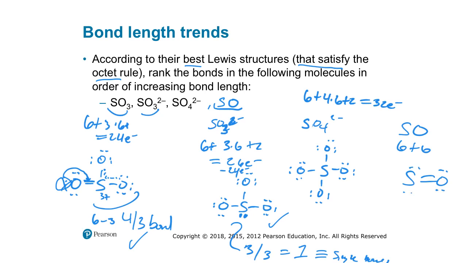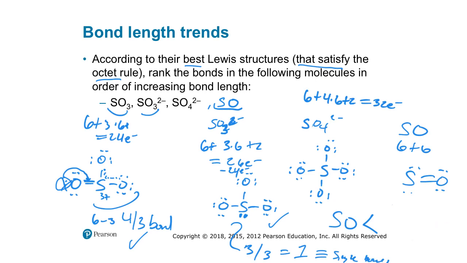Let's rank these bonds. So we should have the SO double be the shortest because it's the double. SO4 2 minus, SO3 2 minus in the middle, being very similar. And then finally, SO3 without the charge being, oh, no, sorry, let's backtrack this for a minute.